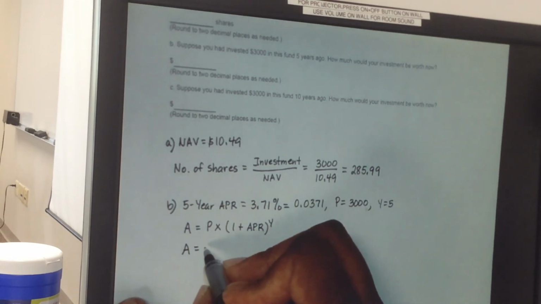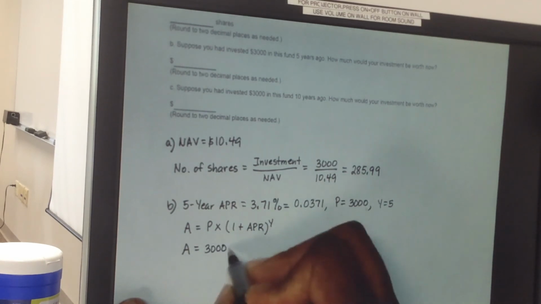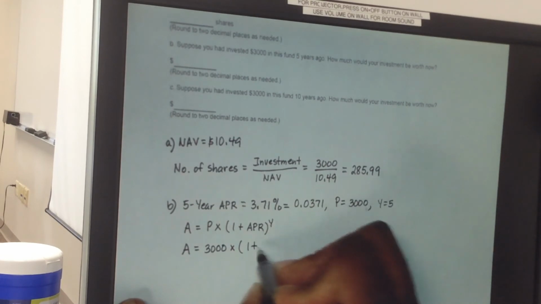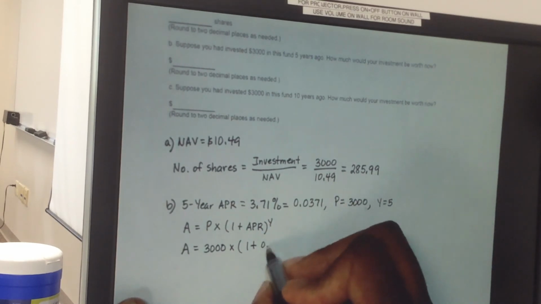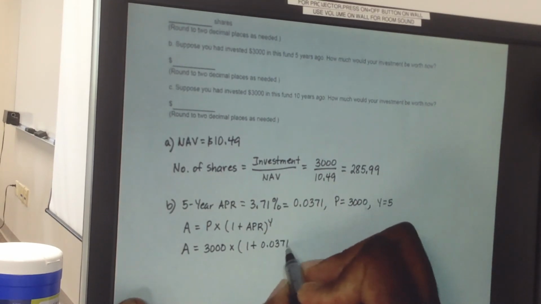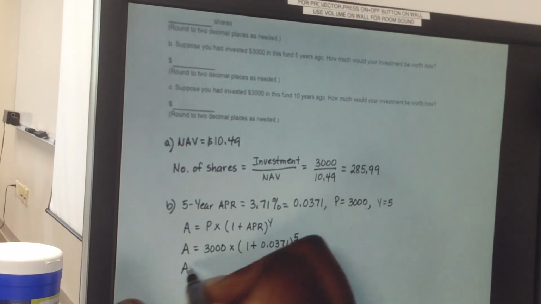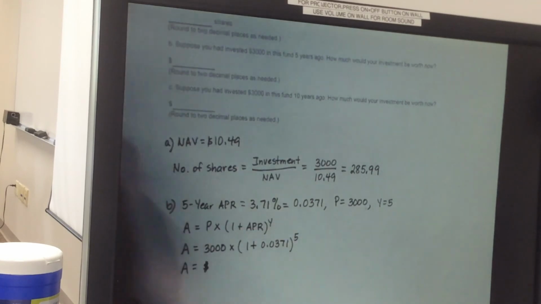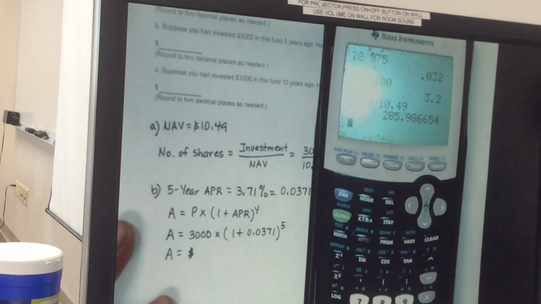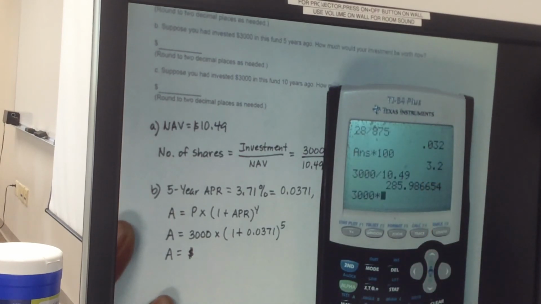And your P is going to be 3,000 multiplied by 1 plus your APR of 0.0371 raised to the power of Y, which is 5. So here if I do 3,000 times, and then left parentheses 1 plus 0.0371, close parentheses, raised to the 5th power.